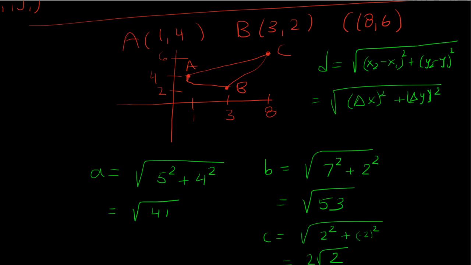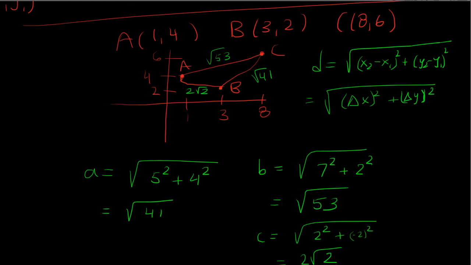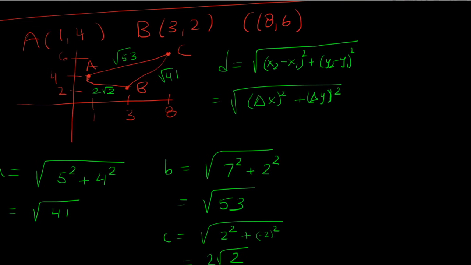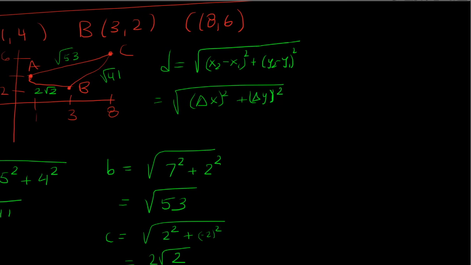So I'm going to put that on the triangle. So A is root 41, B is root 53, and then C is 2 root 2. So we have A, B, and C, and now all that's left to do is multiply that with x1, x2, x3, and y1, y2, y3.